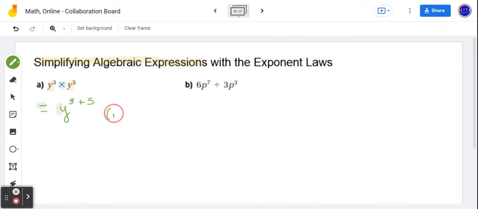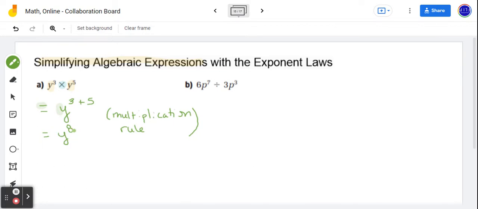I'm just going to put that off to the side in parentheses, as our justification: multiplication rule or law for operating on powers with the same base. That's important that you can articulate that. Let's not just write it, but make sure that we can say it and express it that way as well. So altogether, final answer, y to the power of 8.